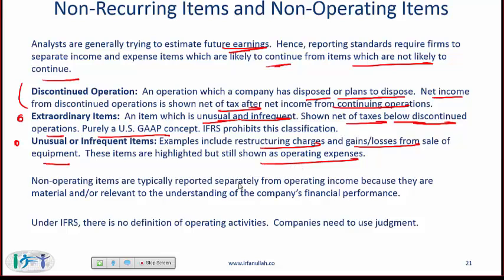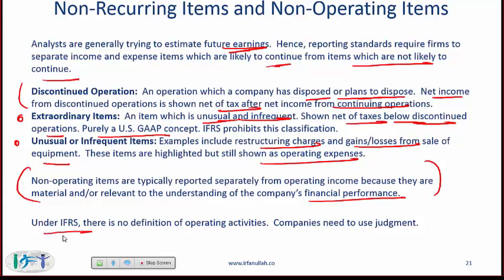Non-operating items are typically reported separately from operating income because they are material and/or relevant to the understanding of the company's financial performance. Important to note here that you as an analyst are going to be concerned about the operations of a company, so you need to understand what the operating expenses are and what are the non-operating expenses. That's why it's important for companies to separate the two.